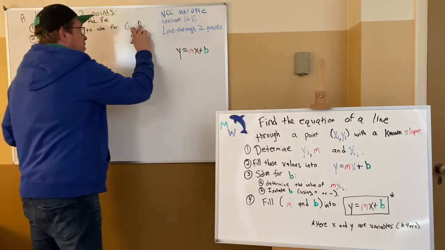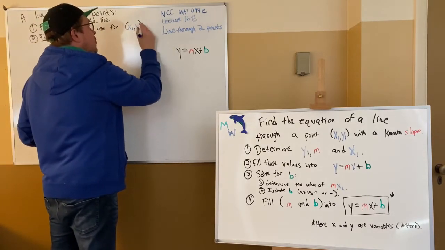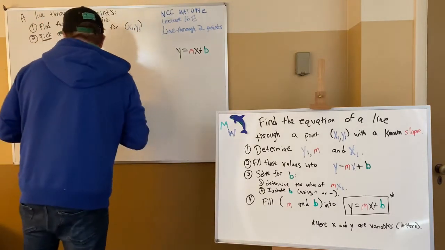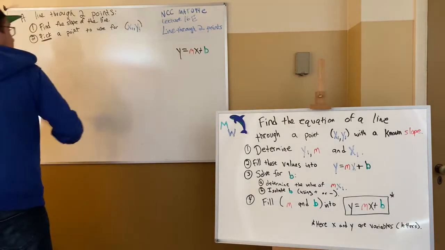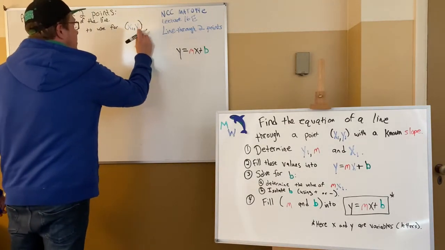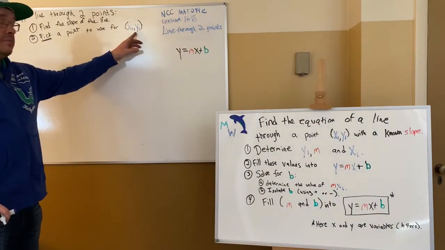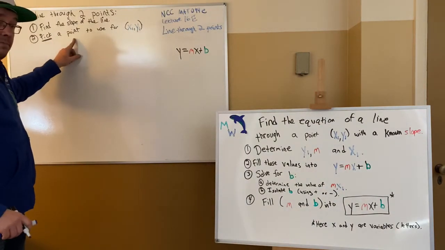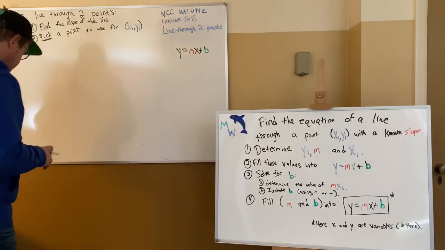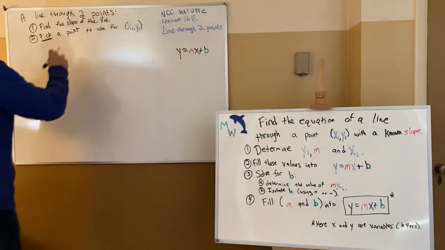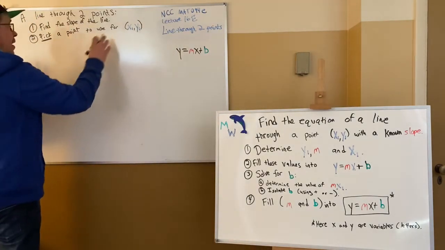So that's not going to be a 2, right? We want them from the same point. You can't say, the first one has a good x, the second one's got a good y, let me use those. They have to come from the same point, so these have to be from one of the 2 points. Pick a point to use for yours for x1, y1. Then you have the slope and you have the point.